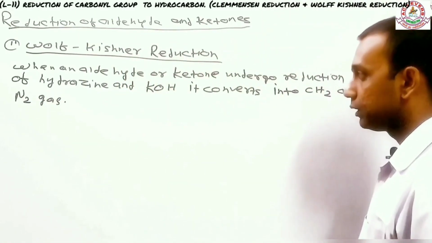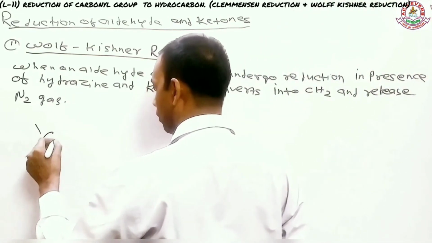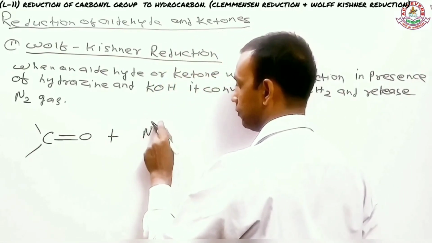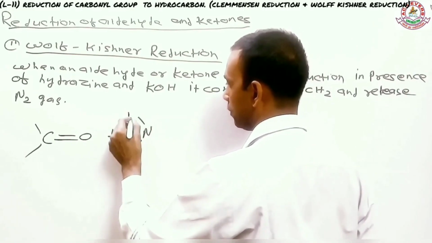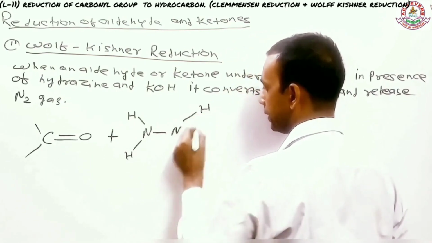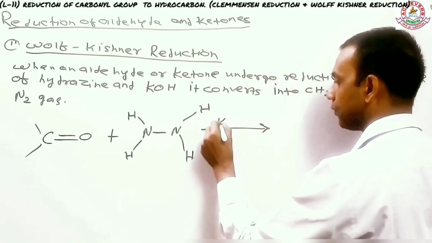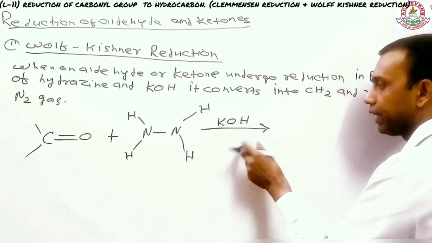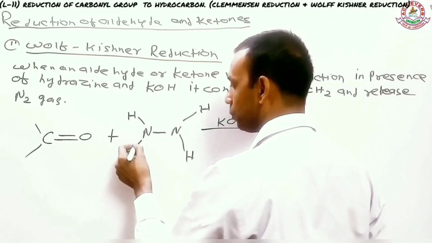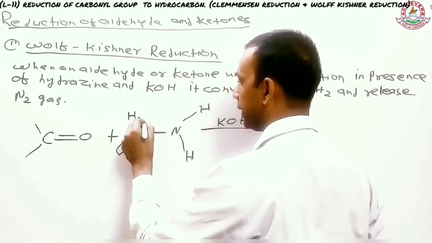Now let's come up with the equation. We have an aldehyde or ketone which reacts with hydrogen, and this reaction also requires KOH, but that doesn't have a huge role, right? What I will do is break both of these bonds in a homolytic fashion.